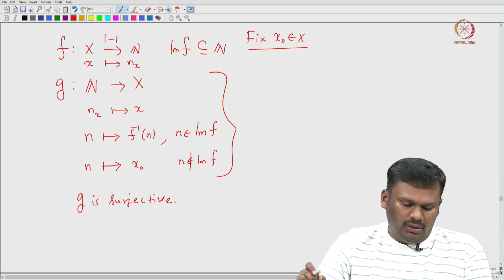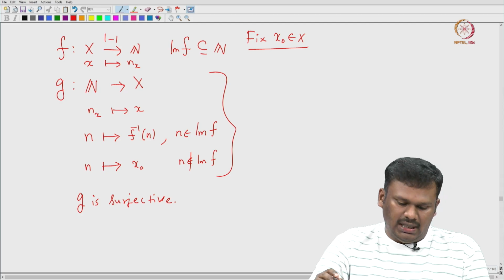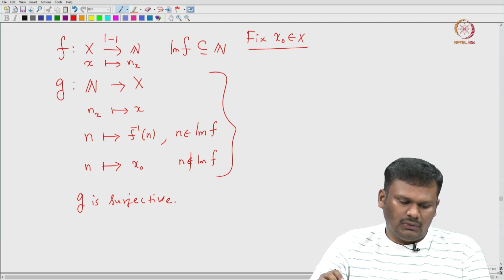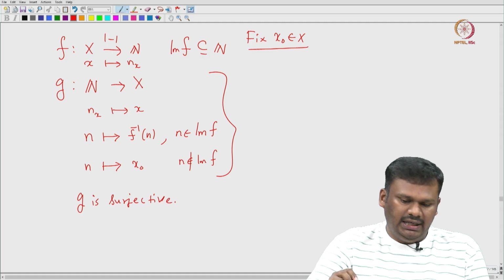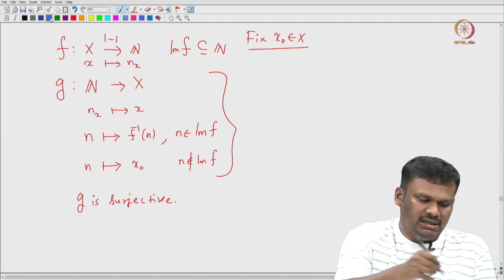Okay. So, now to see why we get 3 implies 2, which is again easy.